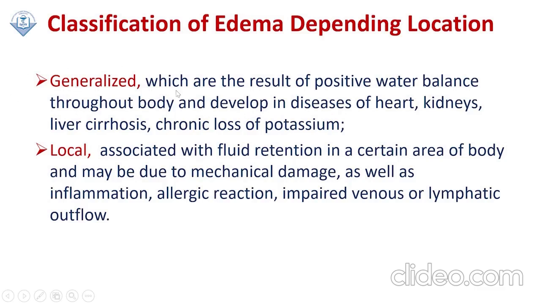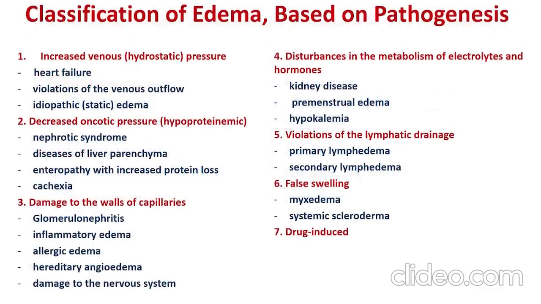Local edema is associated with fluid retention in a certain area of the body. It is usually asymmetrical, and it may be due to mechanical damage as well as inflammation, allergic reaction, or impaired venous or lymphatic outflow.